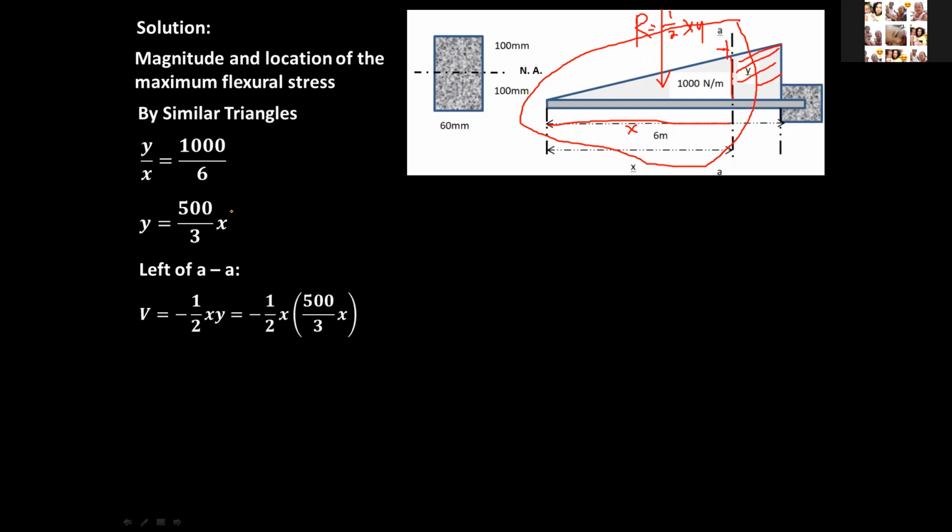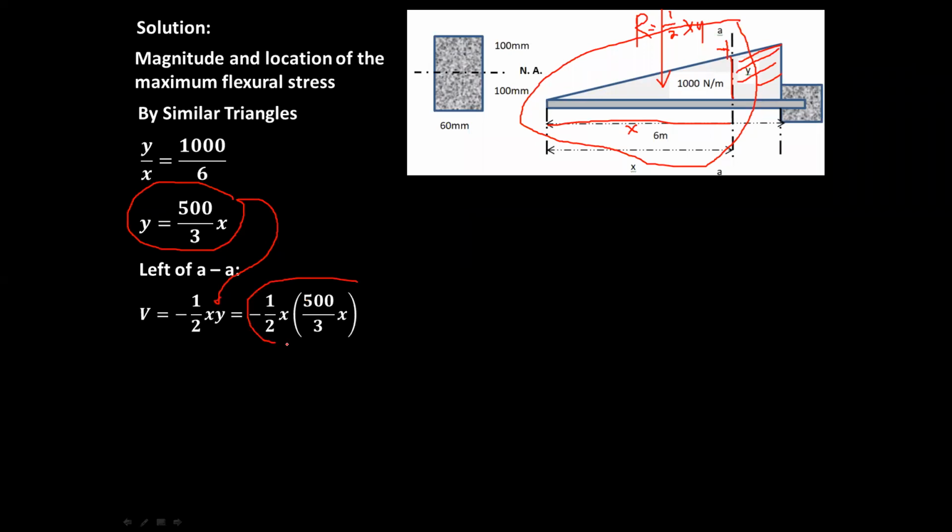But as I mentioned kanina, nakalculate natin ang value ng y, and here it is. Substituting it here, we can have this equation as a value for our shear, or V. So continuation, we can have now V is equal to negative 250 all over 3x squared. Then to be followed by this.